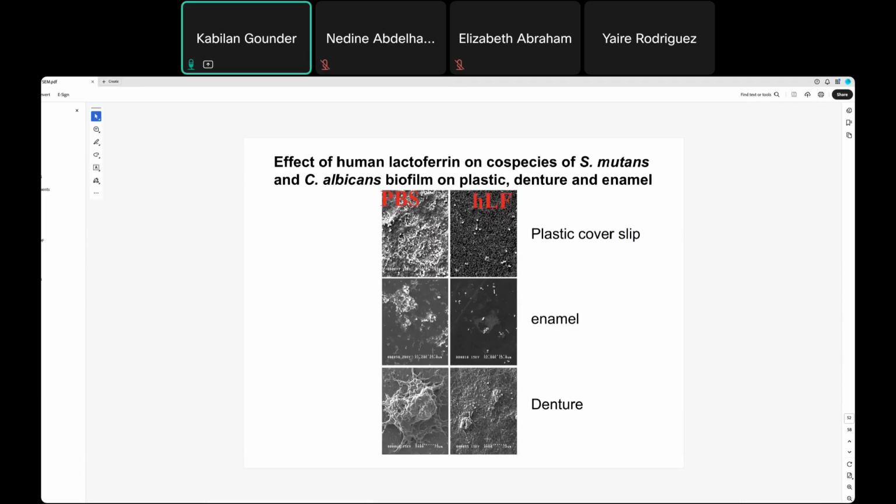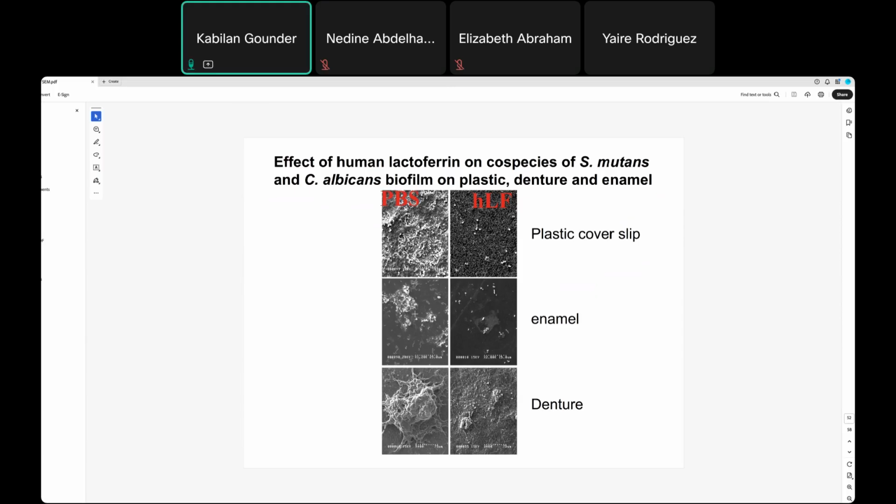And the treatment group also matters on the different surfaces. On the enamel, Candida albicans and Streptococcus mutans form biofilm, and here it's more on the denture with Candida albicans, and on the plastic it covers both more.